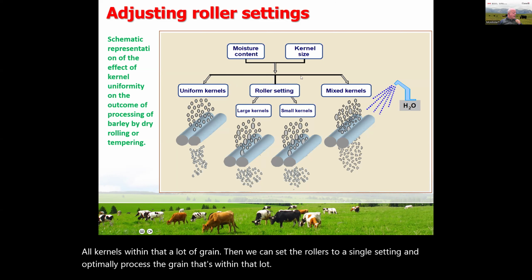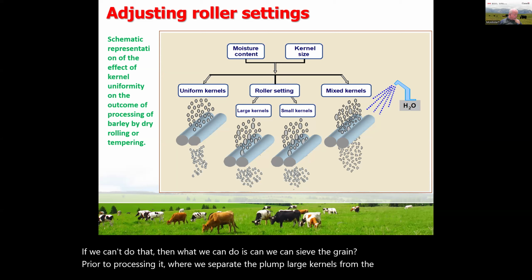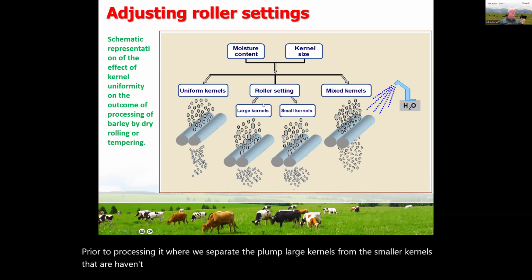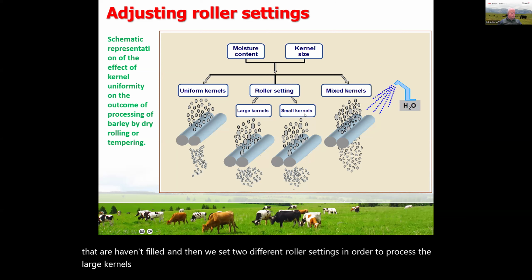If we can't do that, then what we can do is sieve the grain prior to processing it, where we separate the plump large kernels from the smaller kernels that haven't filled, and then we set two different roller settings in order to process the large kernels properly and to process the small kernels properly.